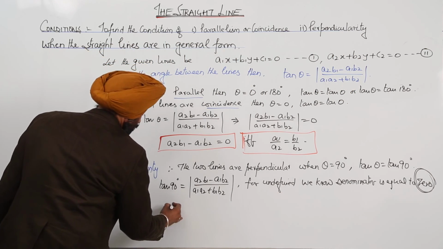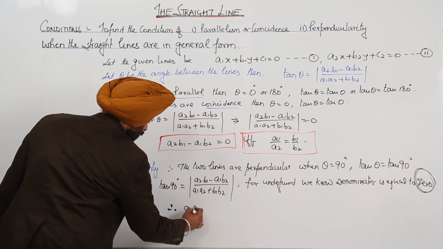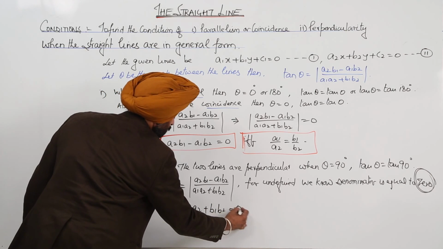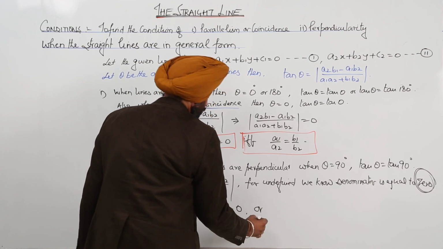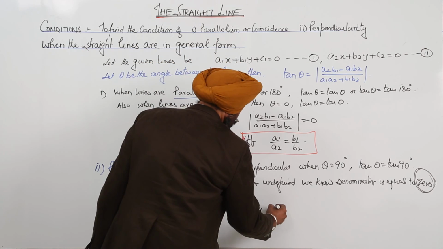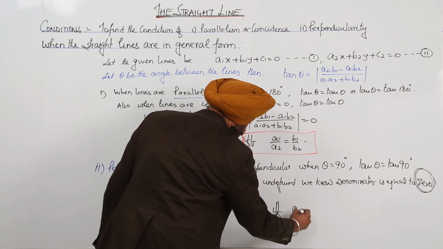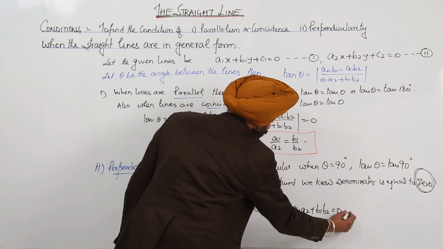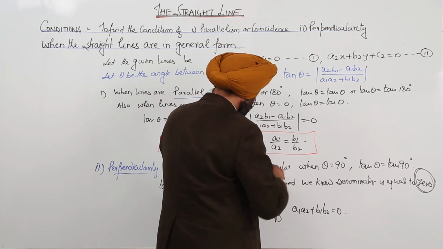Therefore, what can we write? a1a2 plus b1b2 is equal to 0, or we can write it if and only if a1a2 plus b1b2 is equal to 0. So, this is the condition for the perpendicular lines.